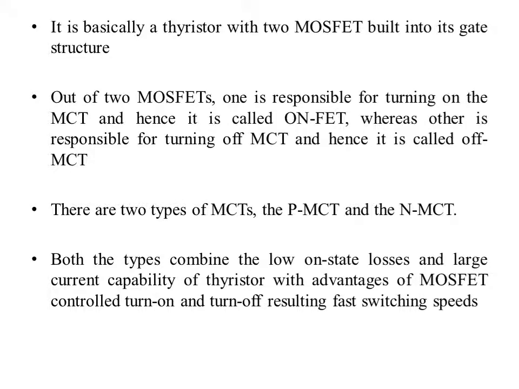Both types of MCT combine the low on-state losses and large current capability of thyristors with advantages of MOSFET controlled turn on and turn off, resulting in fast switching speed. So this is one of the advantages of MCT, that is it has high switching speed, that is turn on and turn off speed is very high as compared to MOSFET, GTO, SIT.